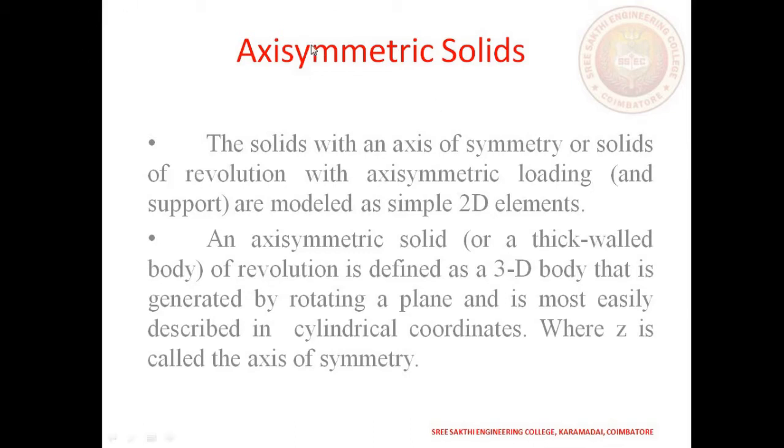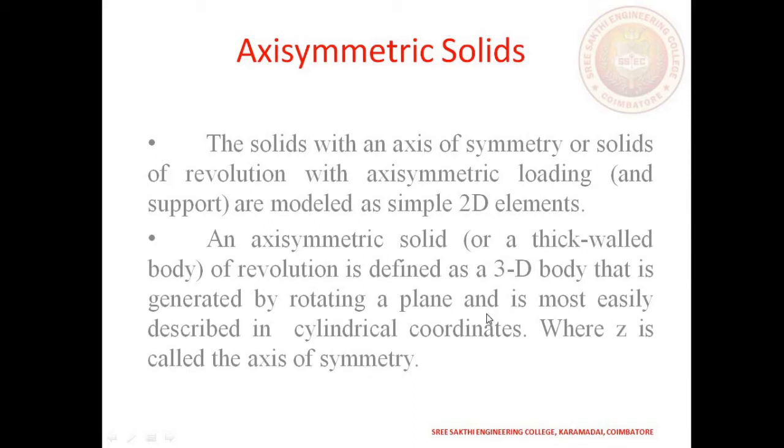It is called axisymmetric. Here is the definition: a solid with an axis of symmetry, or a solid of revolution with axisymmetric loading, is modeled as a simple 2D element. Or another definition: an axisymmetric solid of revolution is defined as a 3D body that is generated by rotating a plane and is most easily described in cylindrical coordinates, where Z is called the axis of symmetry.